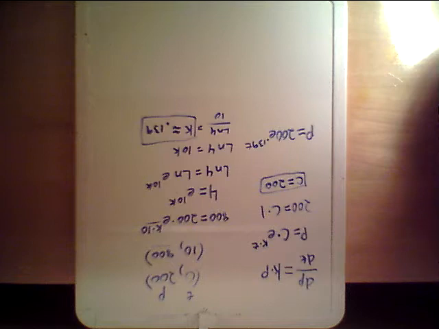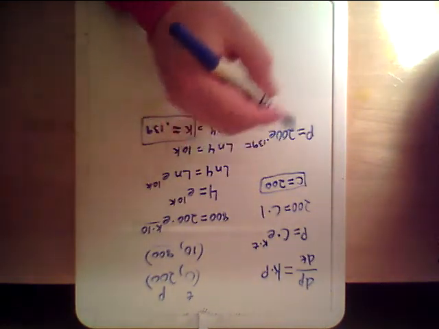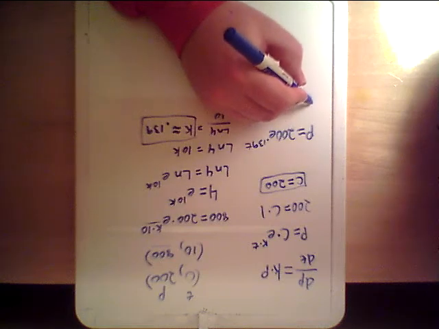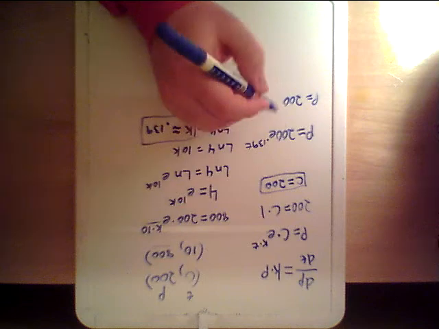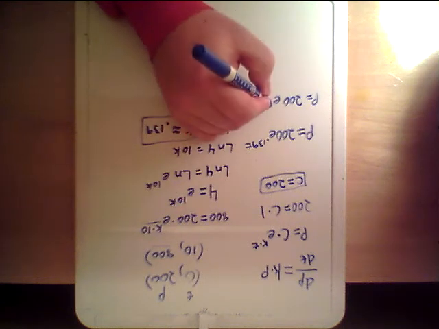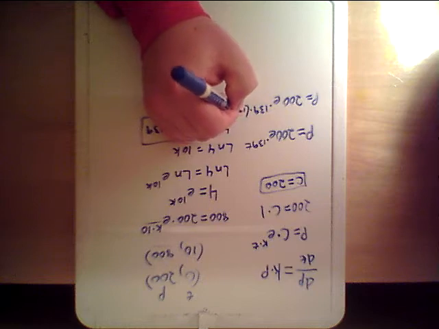So all we'd have to do is punch in 15 for T. So P would equal 200 times e to the 0.139 times 15.